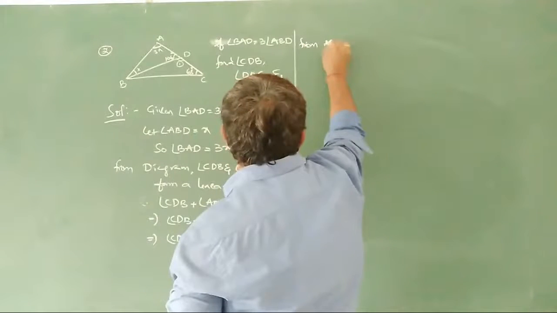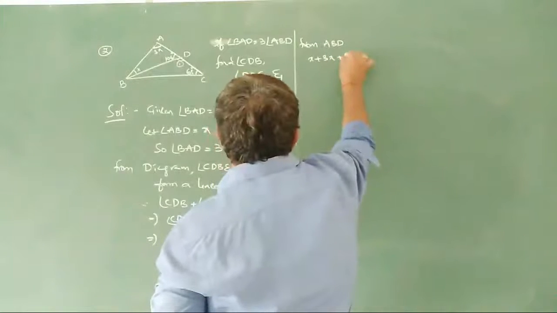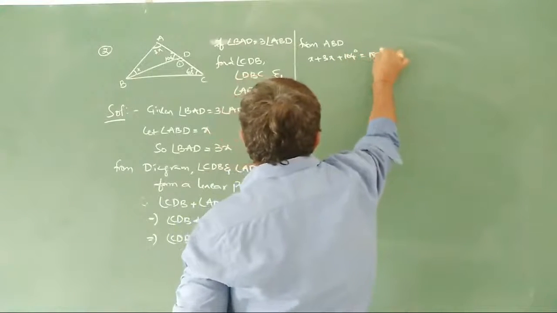From triangle ABD, x plus 3x plus 104 is equal to 180 degrees.